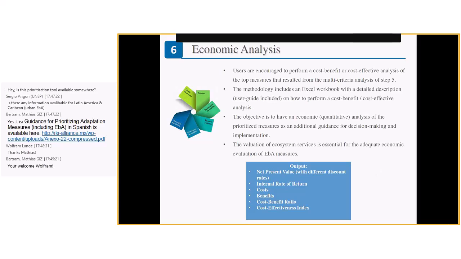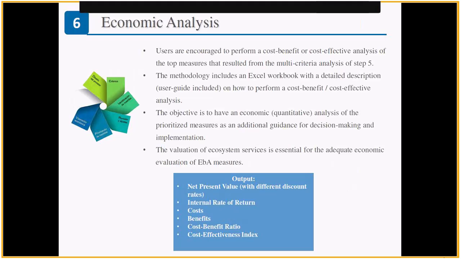The next step is the economic analysis. Imagine that you have first begun the tool, and you identify that you have 30 adaptation measures, EBA measures, identified for a specific territory in your country or your context.